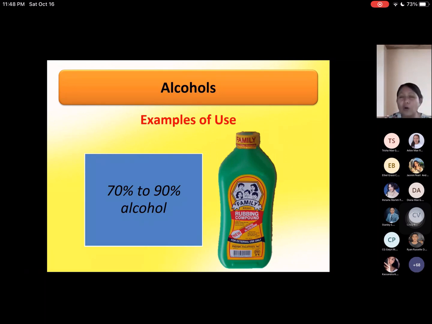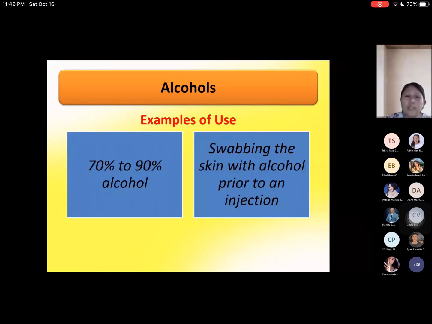They are less volatile. I repeat, for isopropyl or the isopropanol alcohol, they are less expensive than the ethyl alcohol. They can easily be obtained. So that's the two types of alcohol. We have the 70 to 90% alcohol.